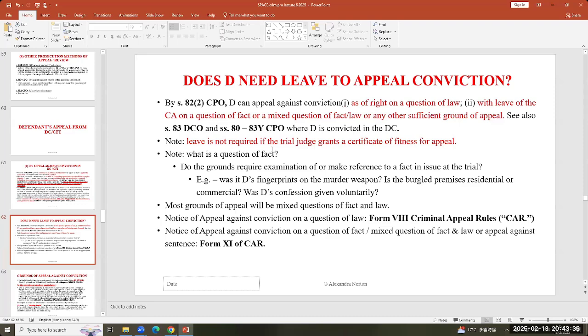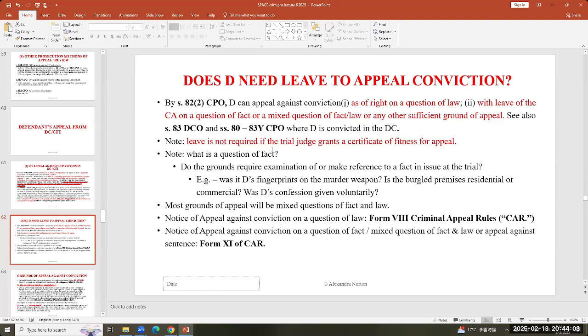But most grounds of appeal involve either questions of law or mixed questions of fact and law. Because if we're appealing about the voluntariness of a confession, it's a mixed question of law and fact. Let's say that the defendant is saying, I didn't confess. Now that's a question of fact. Did he confess or did he not?